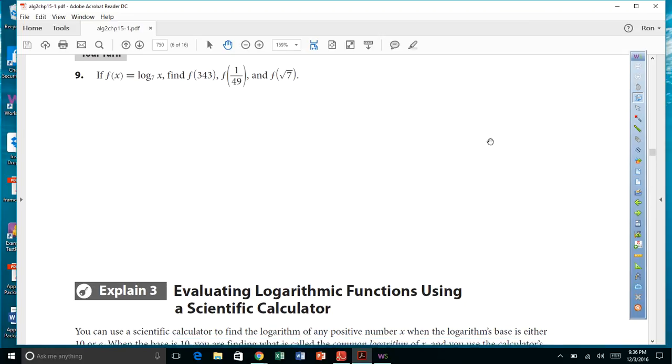All right. If f of x equals log base 7 of x, find f of 343. Okay. What do we need to do first? Let's rewrite it.